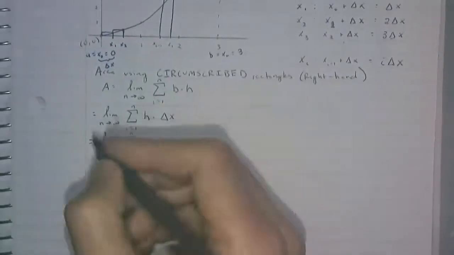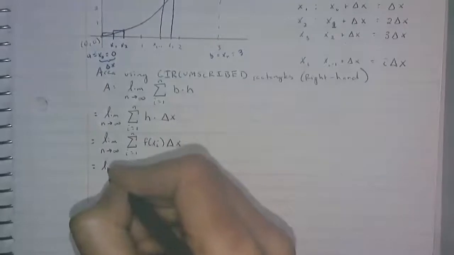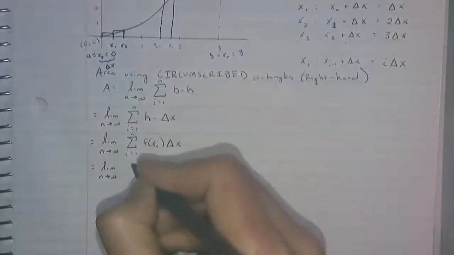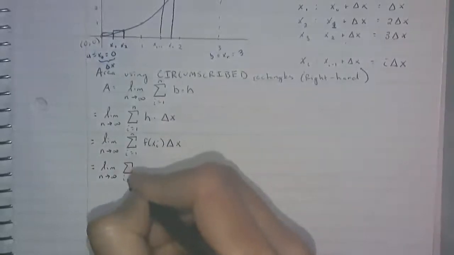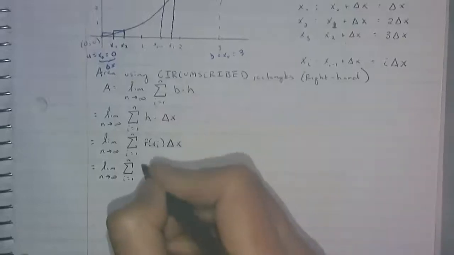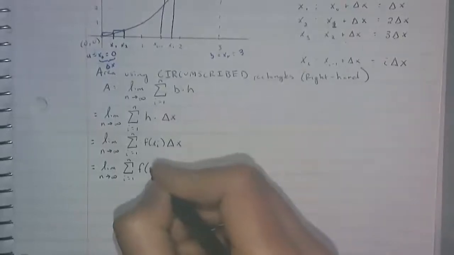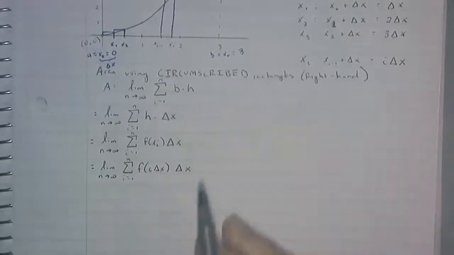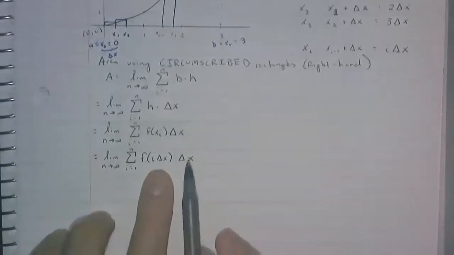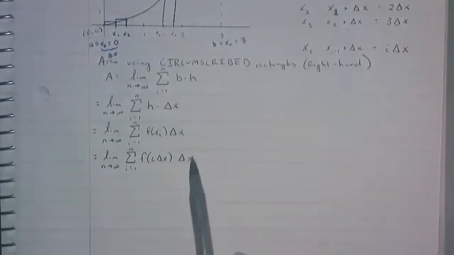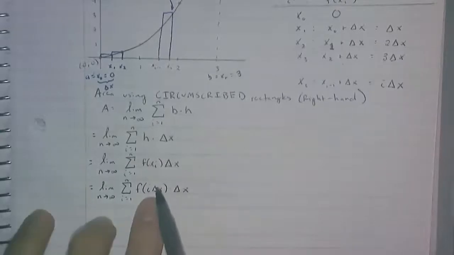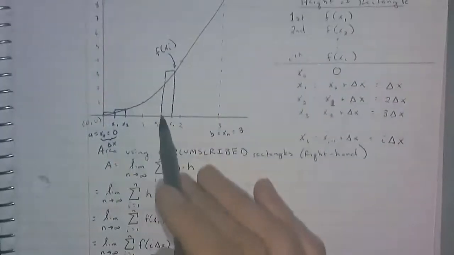So now this can be rewritten as the limit as n approaches infinity of the sum from 1 to n of f of i delta x times delta x. And this is where that step's going to come in, where we're going to end up with some more delta x's. Our original delta x from the base of our rectangle, but now we've introduced a delta x as part of the input to our function.